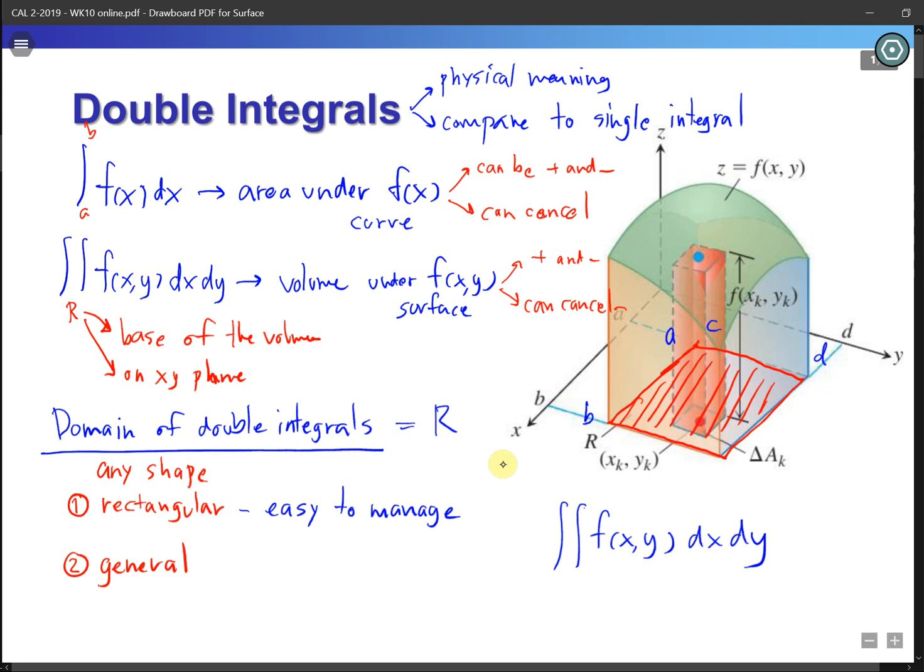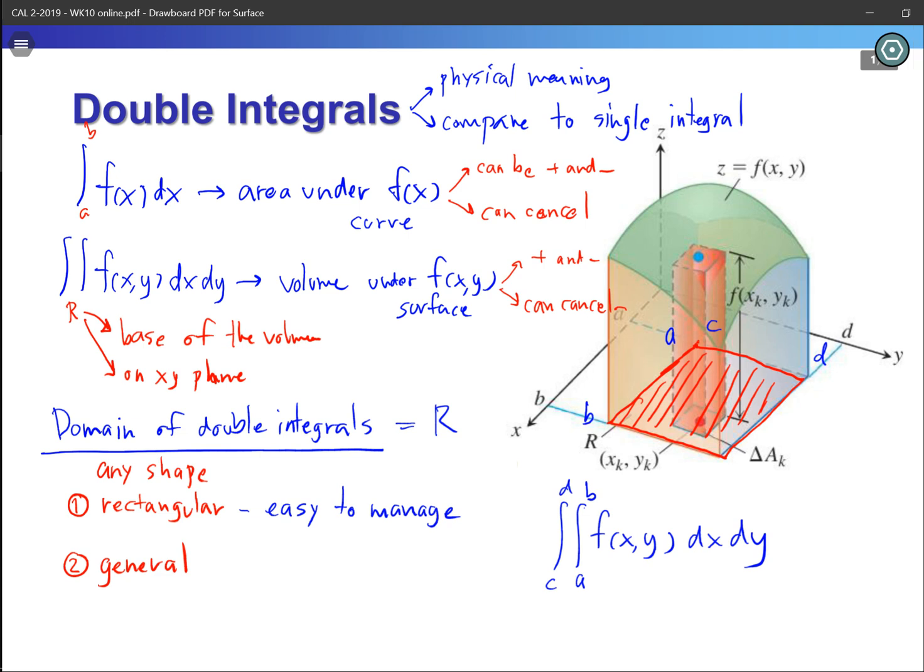And when we integrate with respect to x, I want x to range from A to B. And when we integrate this with respect to y, we want this to range from C to D. So that is the first form of double integral that we saw last week. Keep in mind that this is the easy one, the rectangular base, right? And this is going to be related to Fubini's theorem 1 on the next slide.